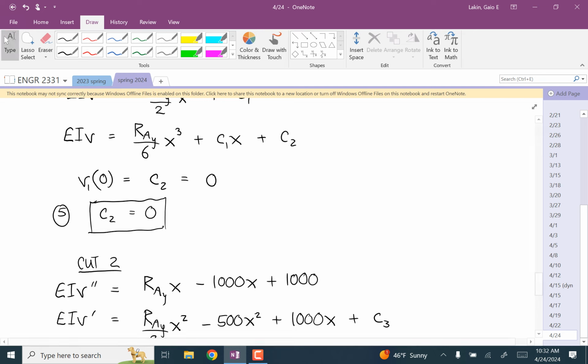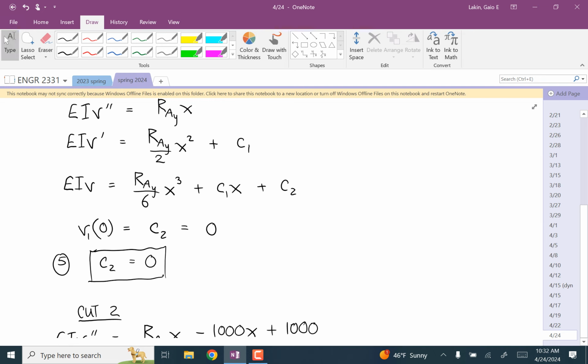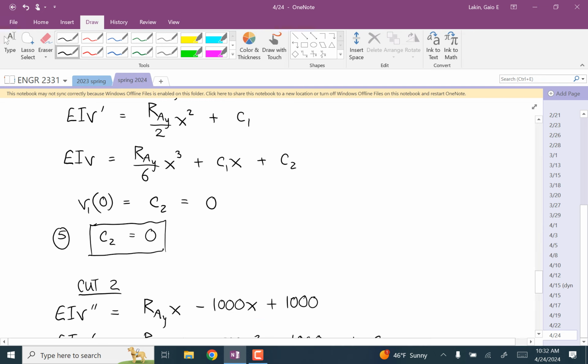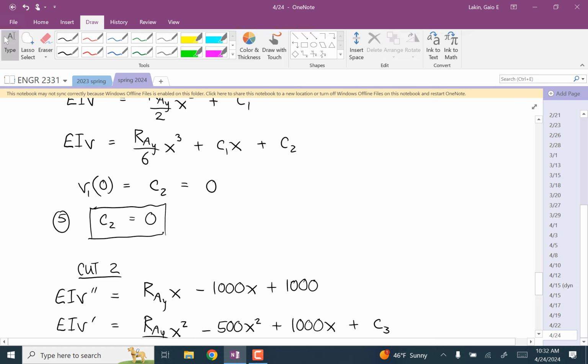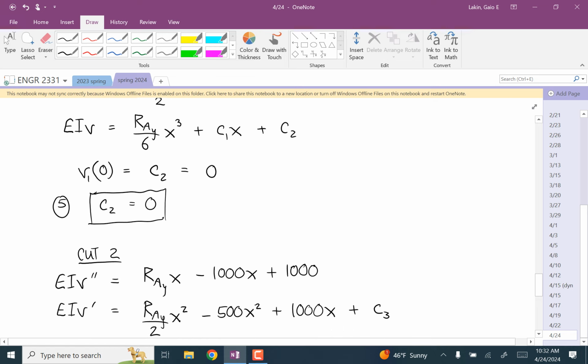Using cut 1, we have RAY over 6 plus C1 plus C2.